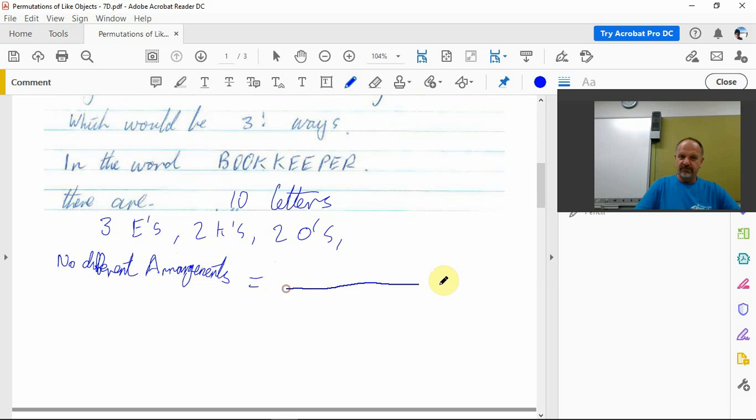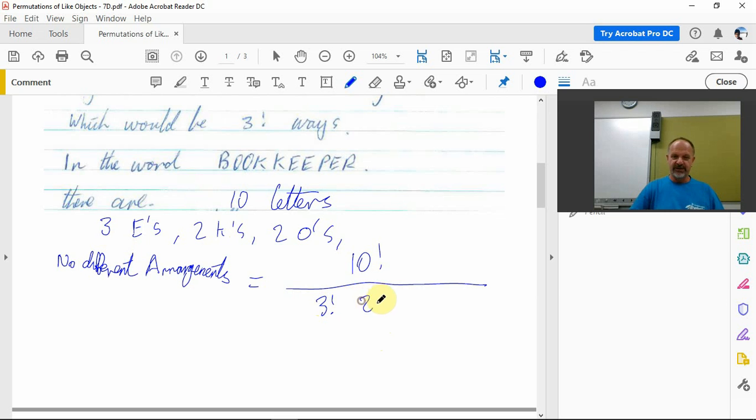Because that was up higher, that was an arrangement, but they weren't different. They looked the same when we swapped those over. So it'd be 10 factorial, but then we've counted 3 factorial ways in that 10 that the E's could be swapped amongst themselves. And remember, it doesn't look any different. So we need to then divide by the 3 factorial.